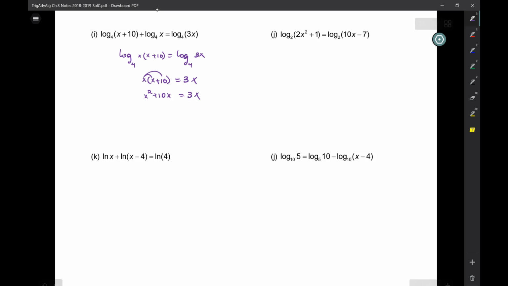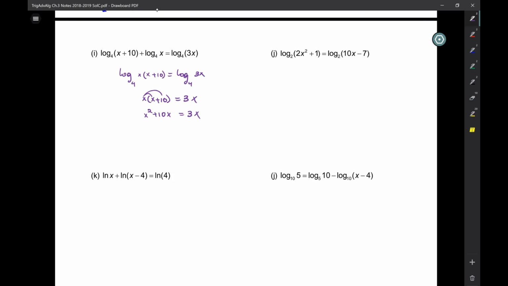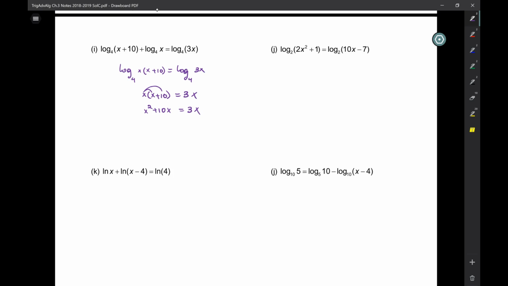Now I need to subtract the 3x over to this side. So that's x squared plus 7x equals 0. Now I'm going to factor out an x.